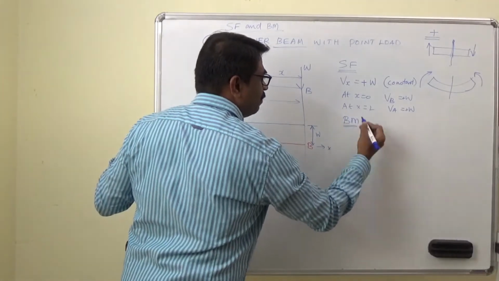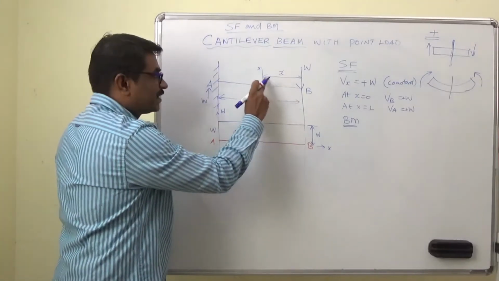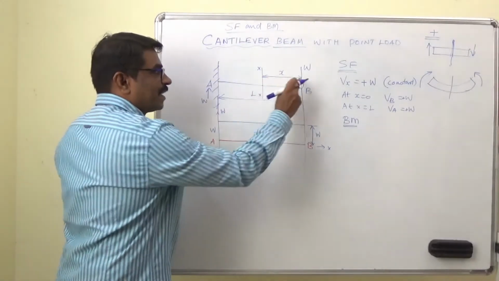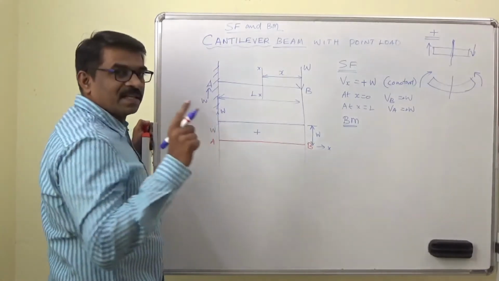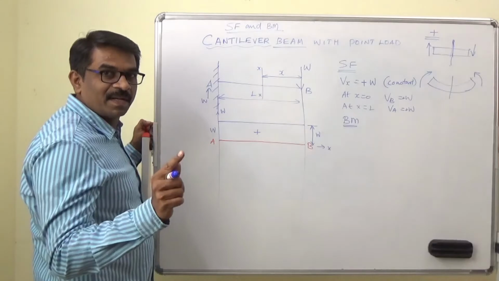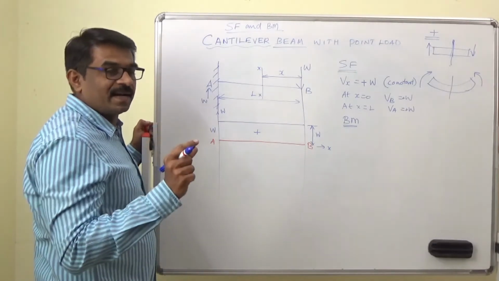Now we will move on to the bending moment, in short BM. I have taken the section, same section, x distance from free end, and what is the definition of bending moment? It is force into perpendicular distance.